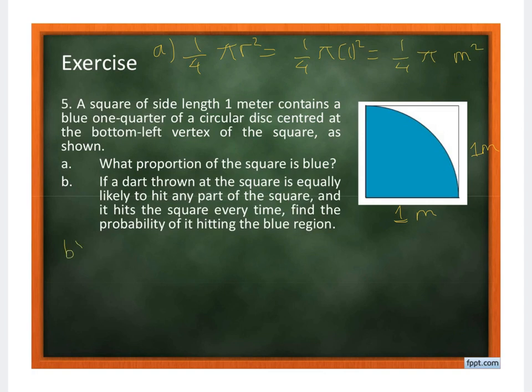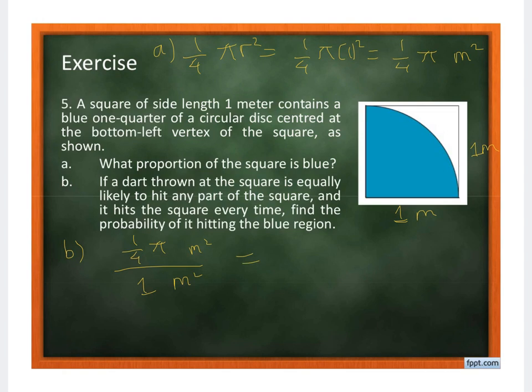For B, find the probability a dot is hitting the blue region. So the area of blue, 1/4 pi meter squared, over the area of the square. The area of the square is 1 times 1, 1 meter squared, the sample space.